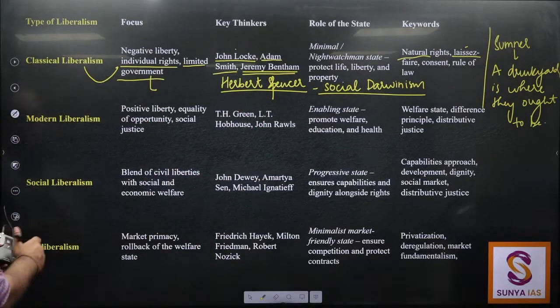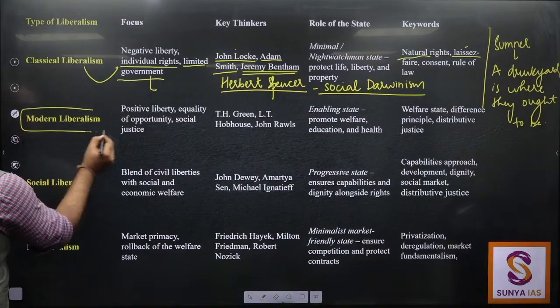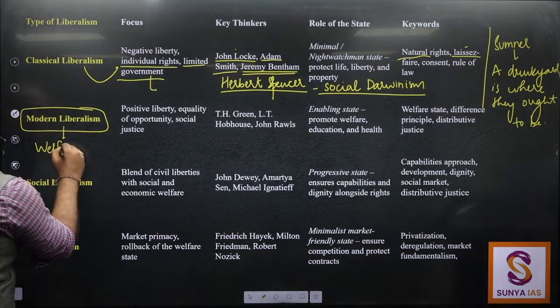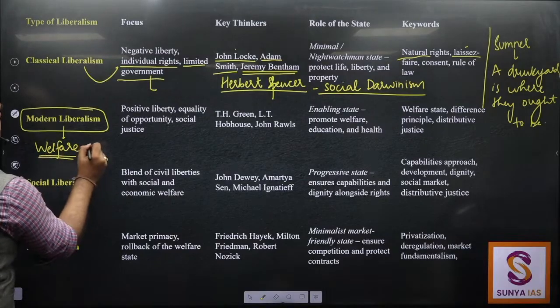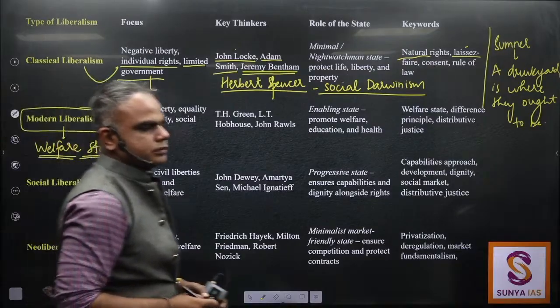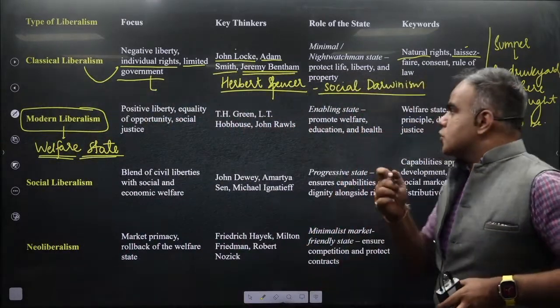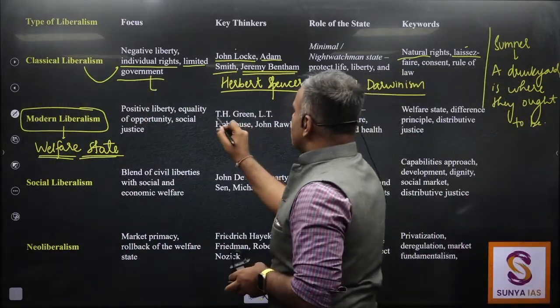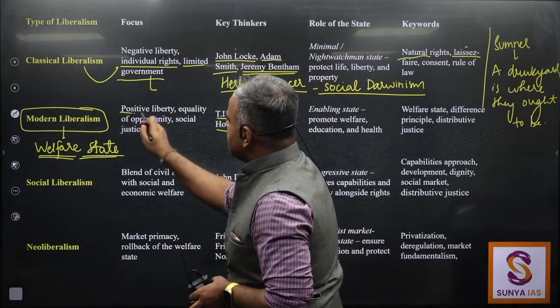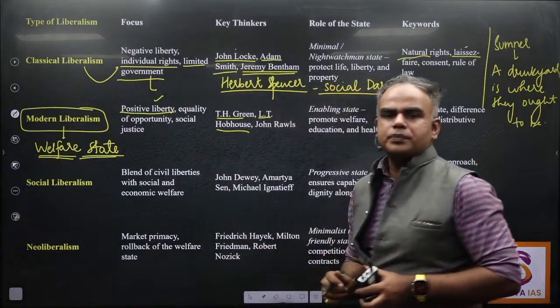Then you have modern liberalism. Remember about modern liberalism that it will focus on the welfare state. Here you have the main scholars, we have to remember two, T.H. Green and L.T. Hobhouse, where again there is positive liberty, we just saw that.